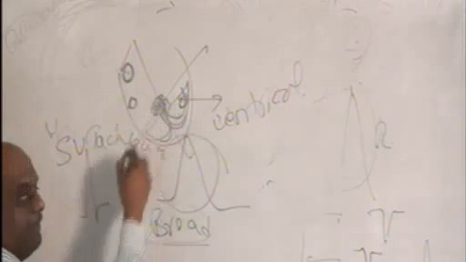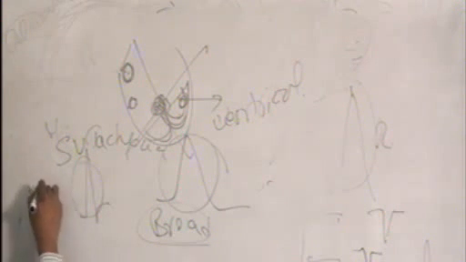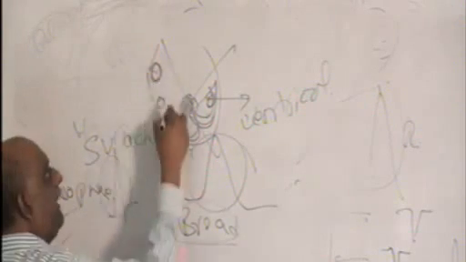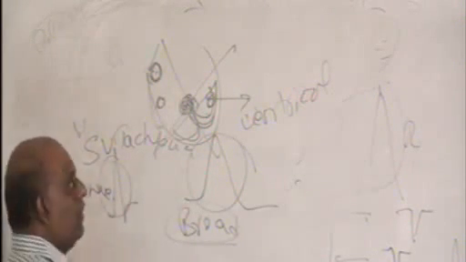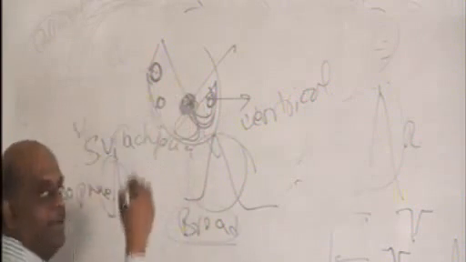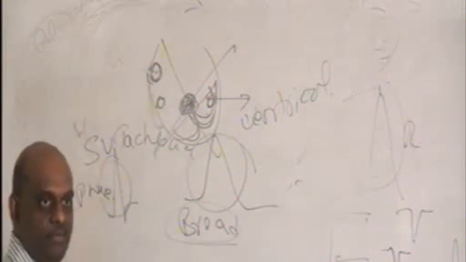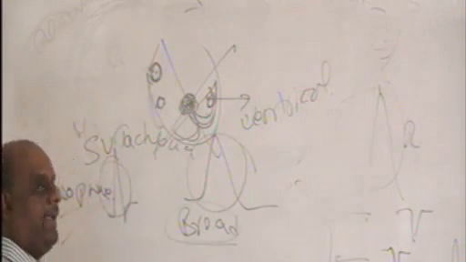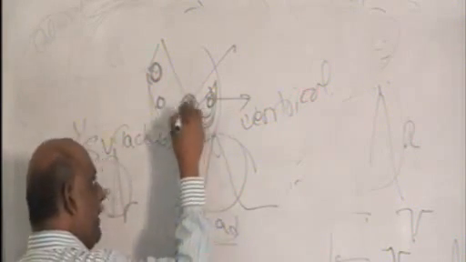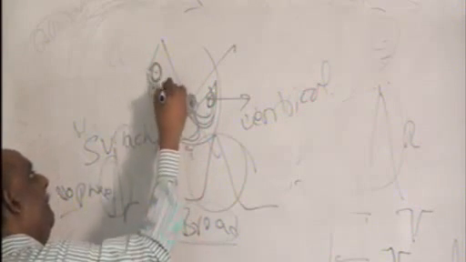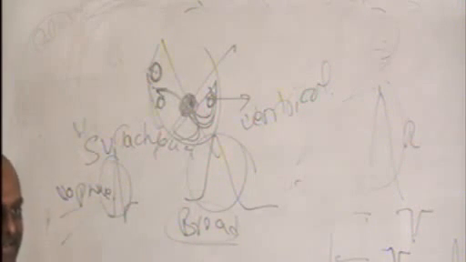Then how will you know whether it is originating from the SA node or from the AV node? Basically, if it is originating from the AV node, the QRS complex will be narrow and there will be no P wave. Why? The P wave is because of atrial electrical activity. So when it is originating directly from the AV node, you don't find the P wave. Possibility 1. Second possibility: it originates from the AV node and the AV node may send an electrical impulse into the atria.